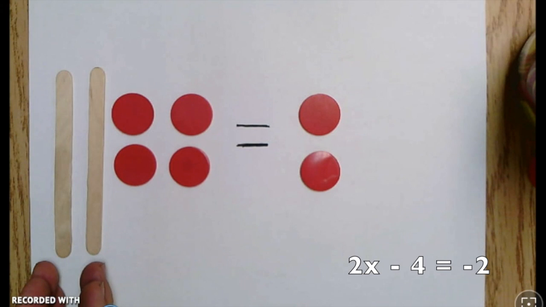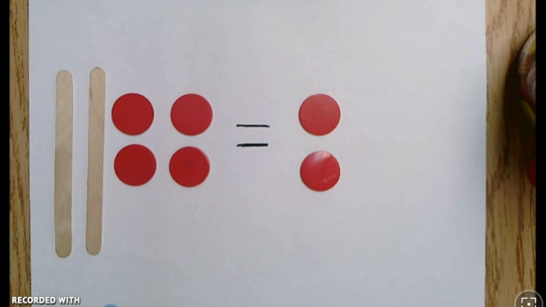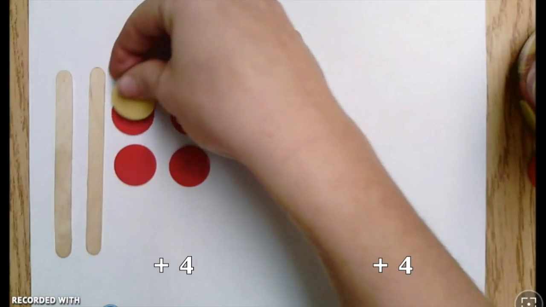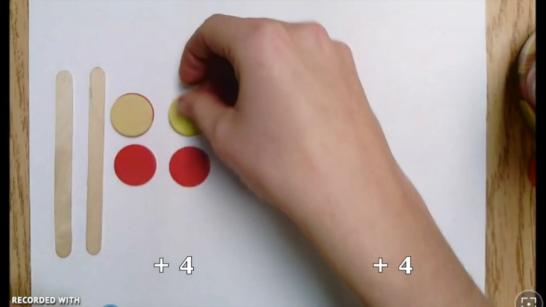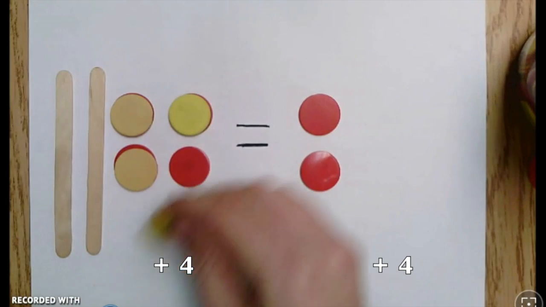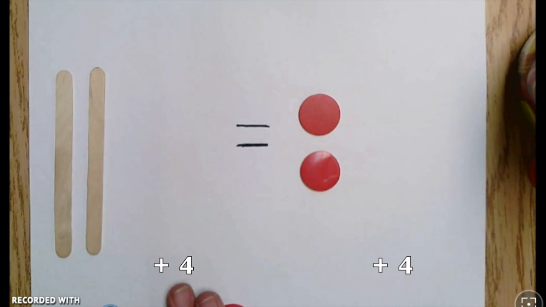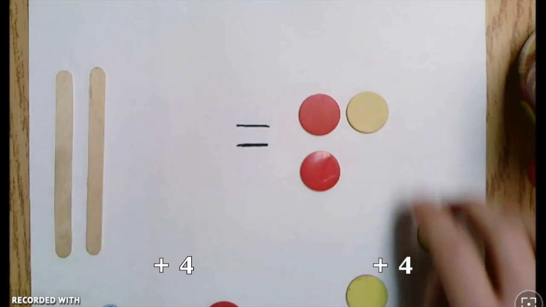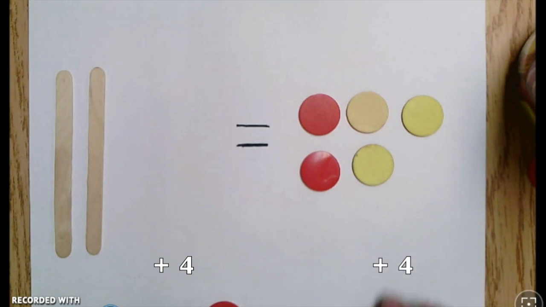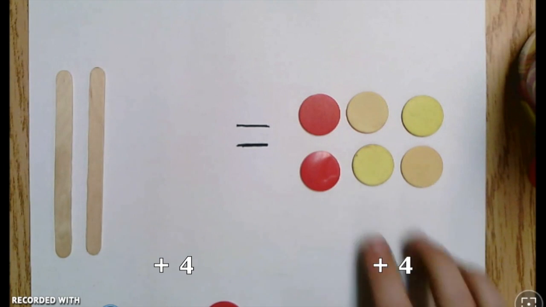Good, the addition and subtraction. And I do that with my tiles. Right now I have -4, and to cancel those out, I need to add +4. 1, 2, 3, 4. Now that they're all doubled, I can take them away. And whatever I did to that side, I need to do to the other side. So I'm going to add 1, 2, 3, 4, +4.